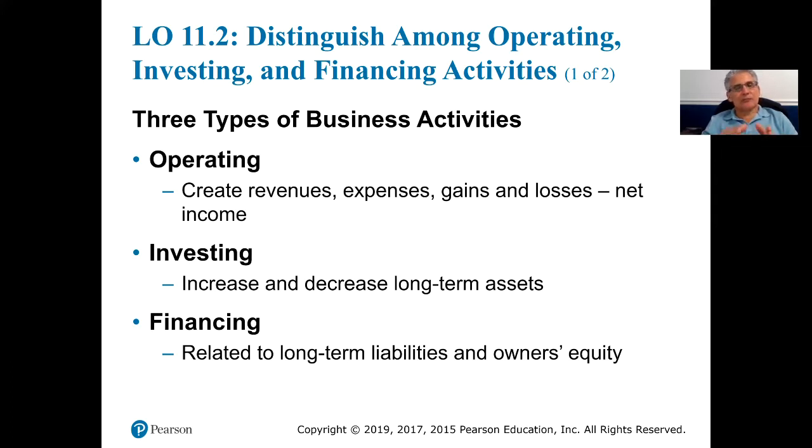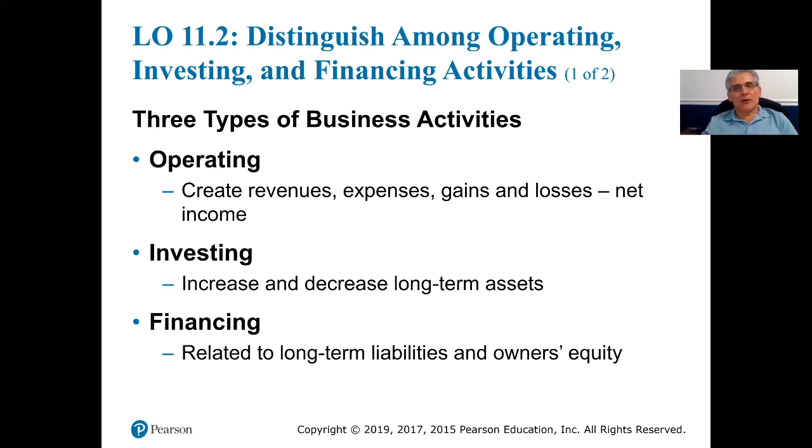Investing activities is really related to the decrease and increase of long-term assets. So investing activities, you can think of it as a company investing in itself. It's purchasing fixed assets, property, plant, and equipment. In some cases, it's selling them as well.